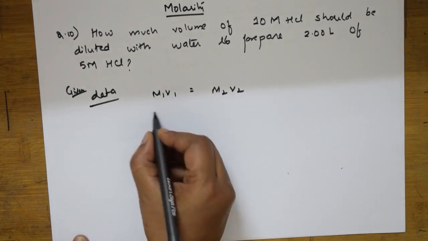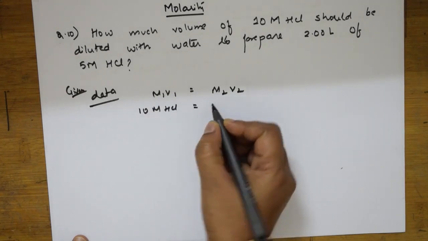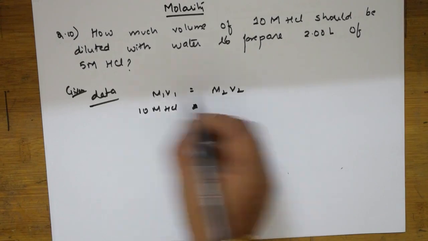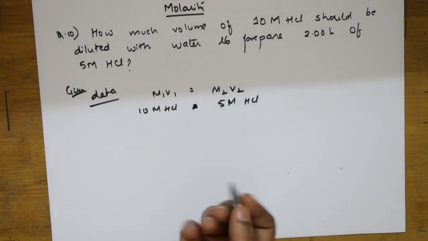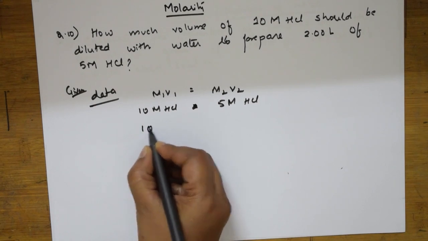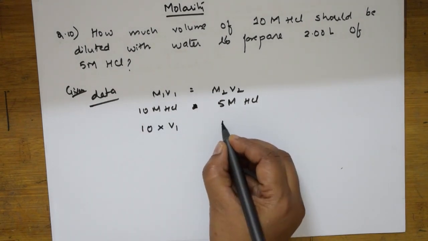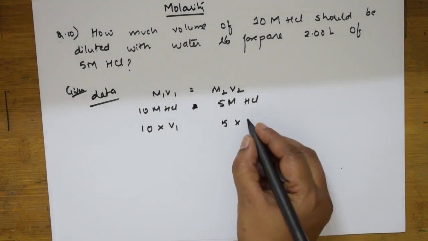So here, let us take this as 10 molar HCl. And the next one, this quantity I'm going to take as 5 molar HCl. So 10 into V1, I need to find V1 because how much volume they said, and this 5 into, what is the volume? 2 liters they've given.